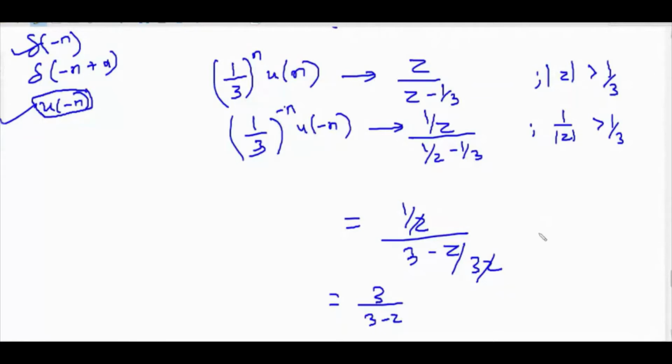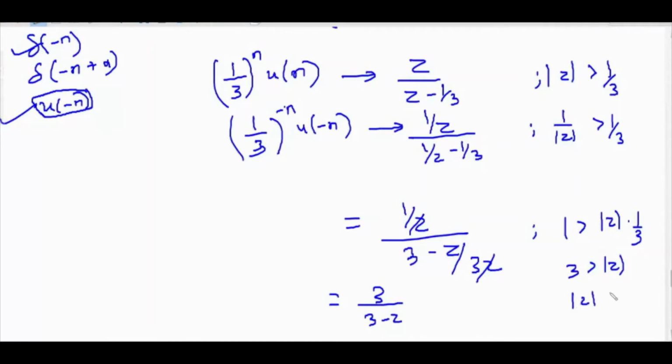On the ROC side, 1 will be this side, magnitude z will go to that side, and this 1 by 3 will cross multiply here, so 3 is less than magnitude z. So ROC is magnitude z less than 3.